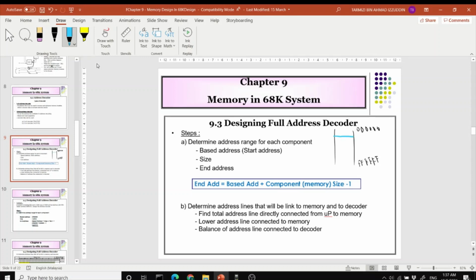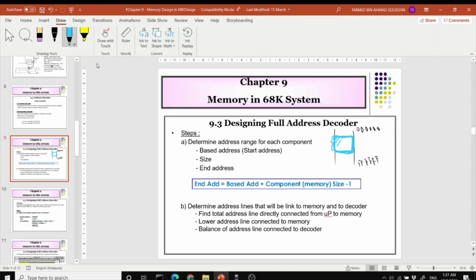The size of the address region will depend on the size of the memory module that you want to use. So if you want to connect, for example, a 64 kilobyte memory to your 68K, then there's a size that you need to calculate on this address bus that you're going to use.